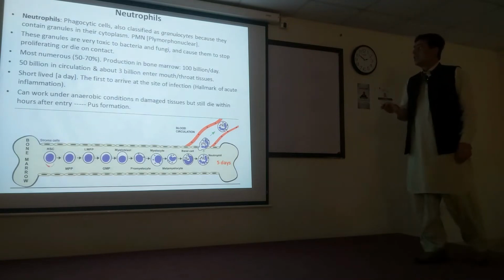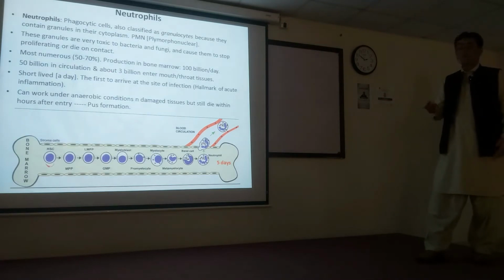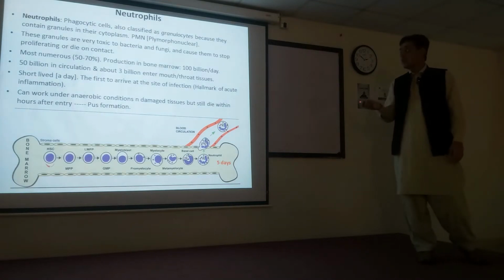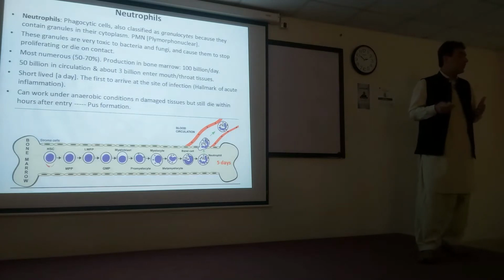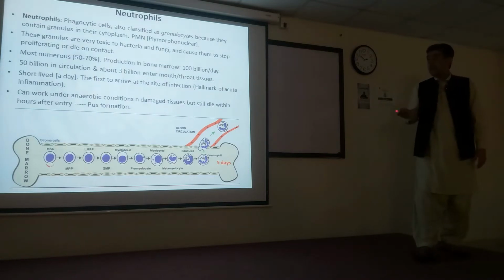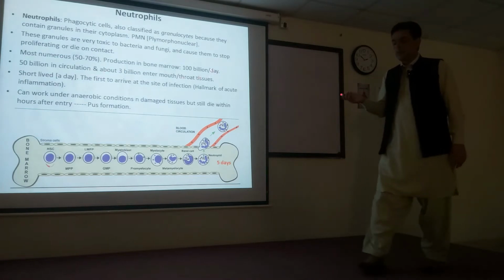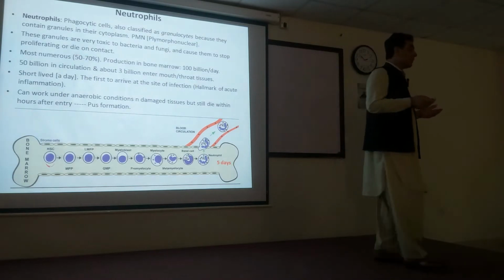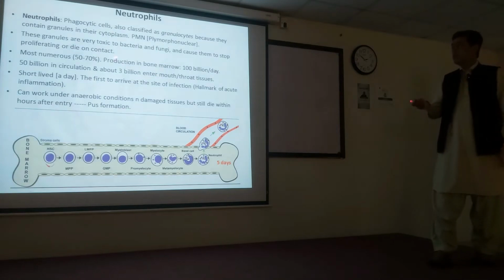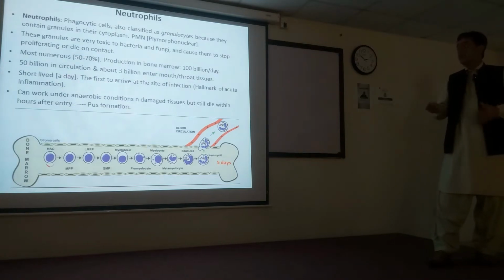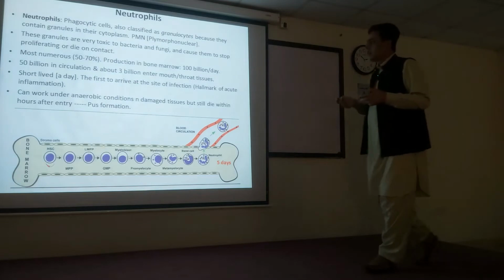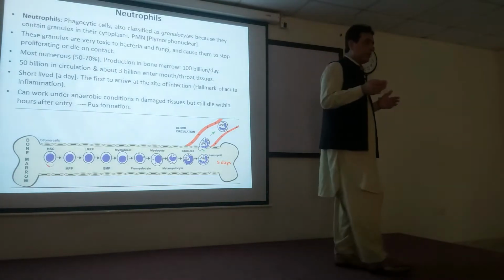And the neutrophils are the most numerous. 50 to 70% of all the white blood cells in our body are neutrophils, and they are produced in great numbers, like 100 billion neutrophils every day. 50 billion of these are in the blood circulation at all times, and about 3 billion of this population enters the mouth and throat tissues every day, because these tissues are prone to attacks by different types of pathogens.